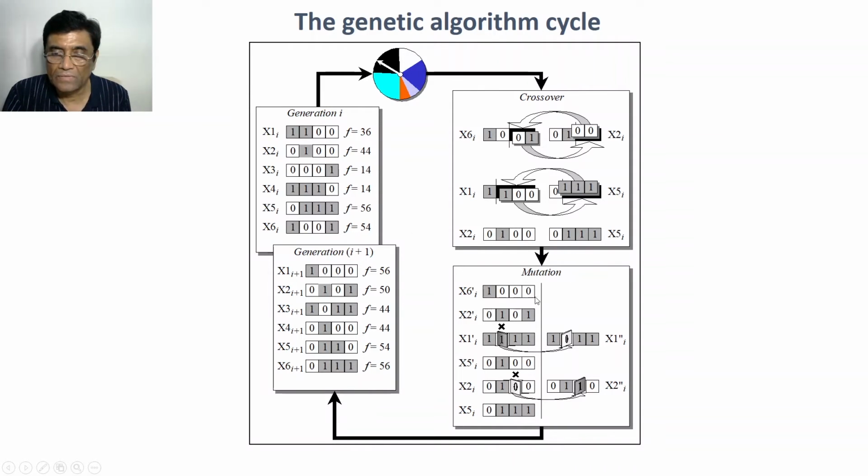And then without mutation you can just create, so these are your creations: 1 0 0 0 and then you have 0 1 0 1, you have 1 1 1 1. I told earlier, right?